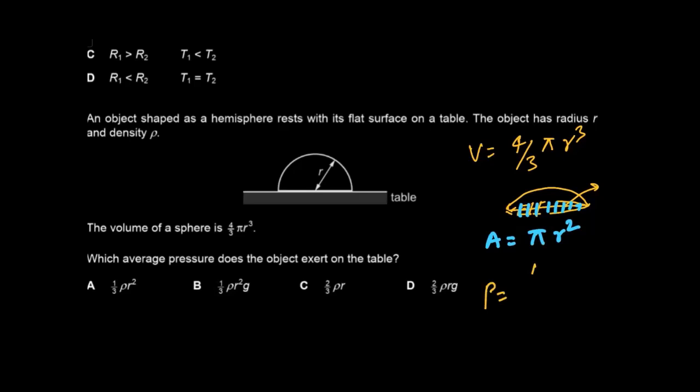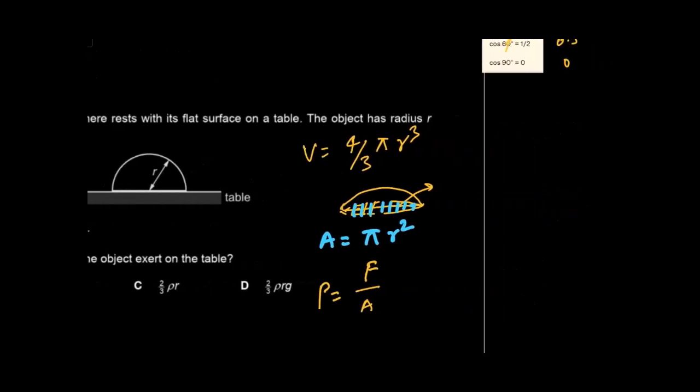Now we know that the pressure is equal to force per unit area, and force is equal to mg, because only the gravitational force acts on the table, upon area. M can be written as density into volume. So density is rho and volume is 2 by 3 pi r cube, because the total spherical volume is 4 by 3 pi r cube, but this is a hemisphere.